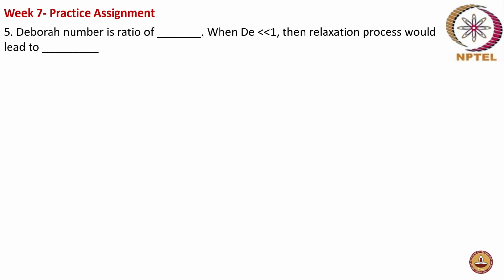Less than 1 leading to dissipation of energy is fine. But the ratio, can you repeat it? It's lambda by t experimental. But what is lambda? The same lambda, your relaxation time.